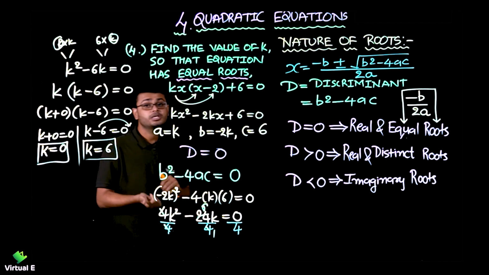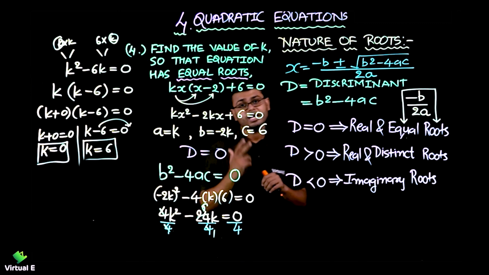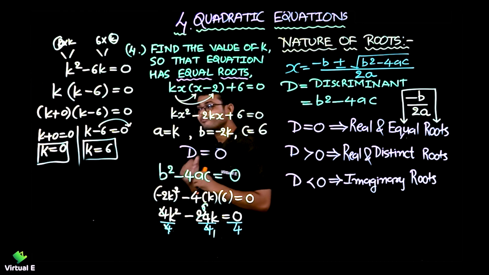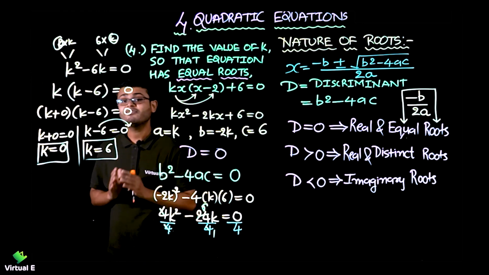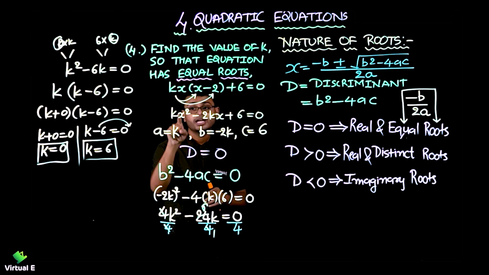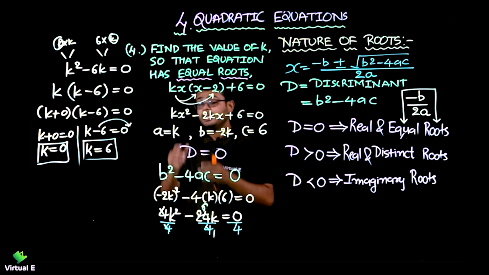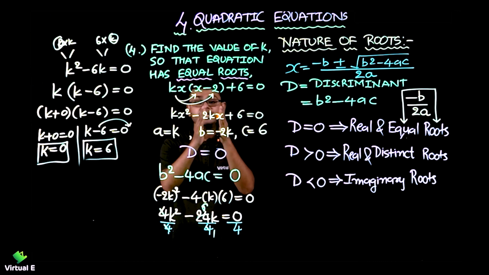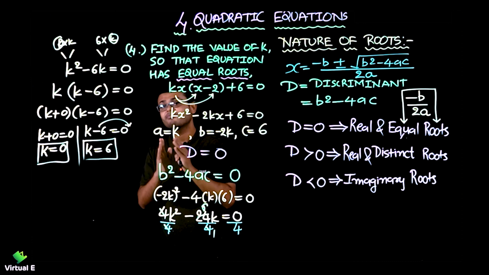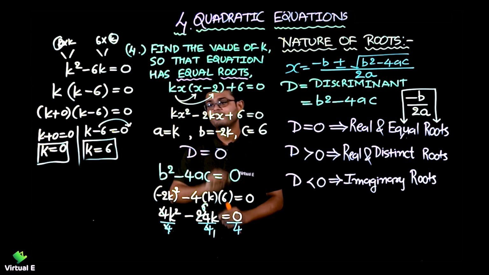In the previous question we got two values of k and those two values were correct. We did not verify. Now why do we need to verify in this case? Because k is present in the first term, which is the coefficient of x square. In the previous question k was there in the middle, so we did not verify it, but here we need to verify it.